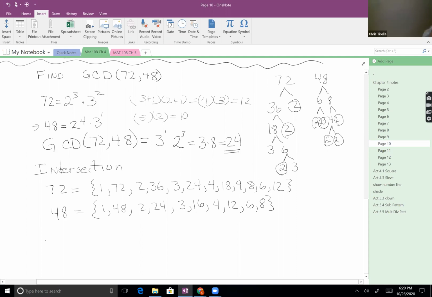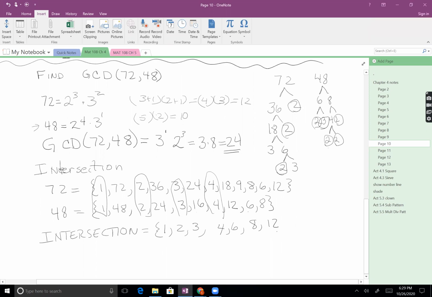So now if we look at the intersection, what do both sets have in common? They both have 1. They both have 2. They both have 3. They both have 4. They both have 6. They both have 8. And they both have 12.